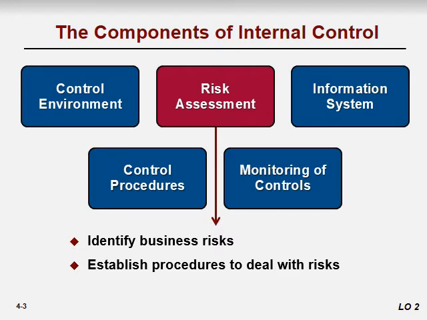So a company must be able to identify its business risk as well as the established procedures for dealing with those risks to minimize their impacts on the company. For example, Kraft Foods faces the risk that its food products may harm people. Southwest Airlines planes may crash, right? All of these are called risk assessment. And all companies face the risk of bankruptcy as well. This is also a risk assessment.